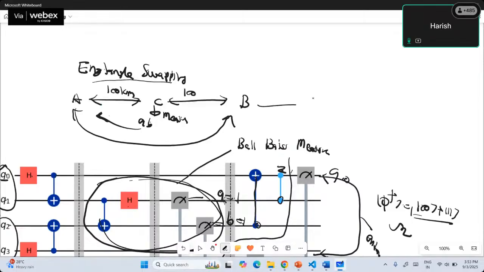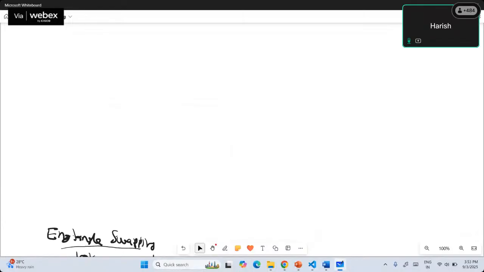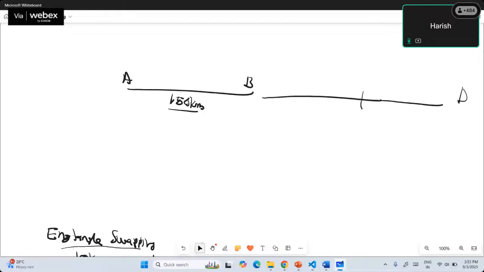Okay, so this thing is used in QKD also. If you remember, in QKD, suppose on fiber from A to B we can establish a secure key at a distance of suppose 150 kilometers. Now we want to do QKD at a larger distance, and we want to go to suppose D, that is again 150 km away.